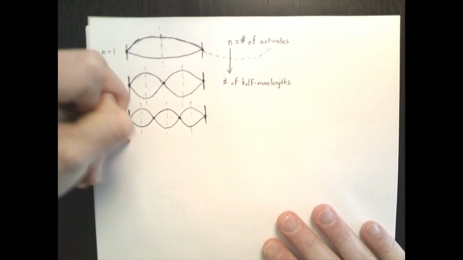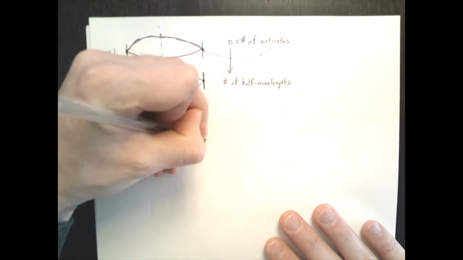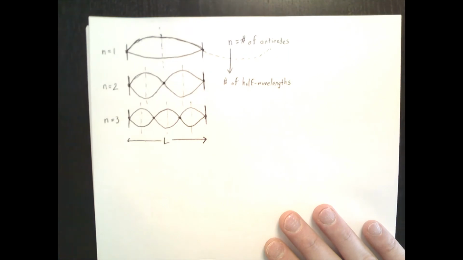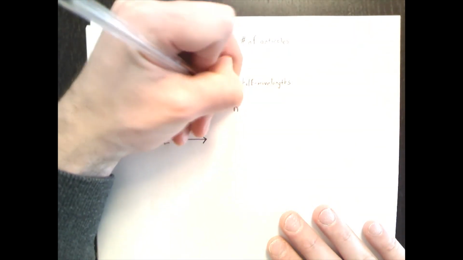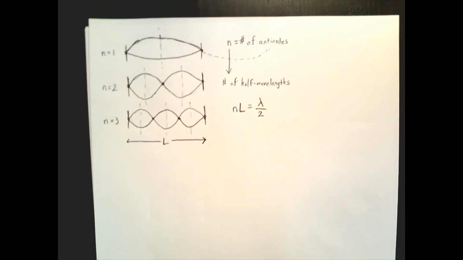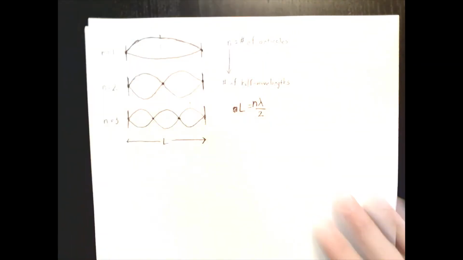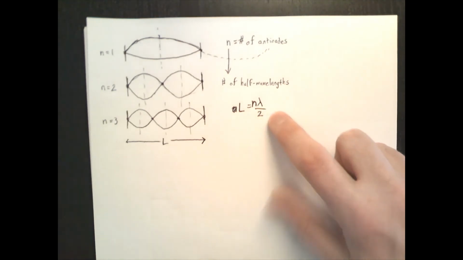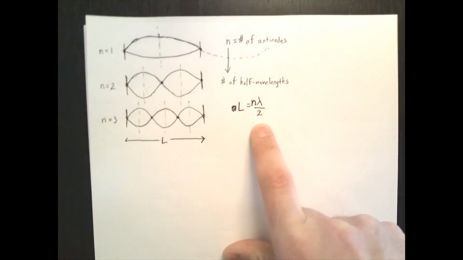If my string has a length L, then L has to be some multiple of half wavelengths.